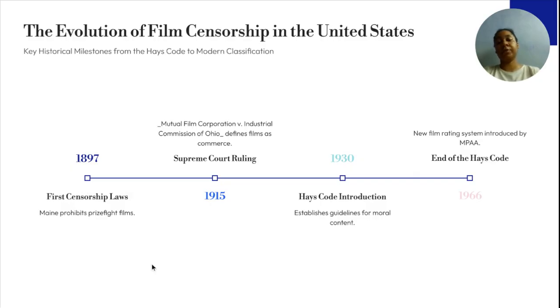So before the Hays Code there was some sort of classification in terms of banning what's deemed morally acceptable and not acceptable for people to watch. And the Hays Code was introduced in 1930. They were monitoring certain things.